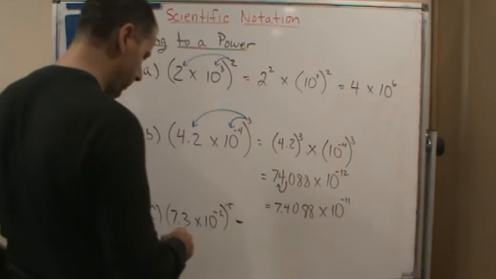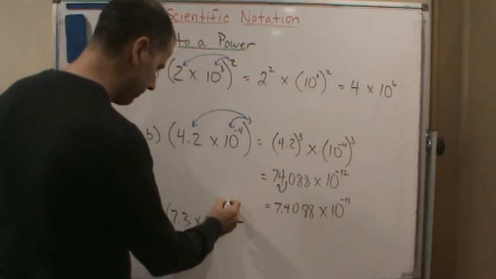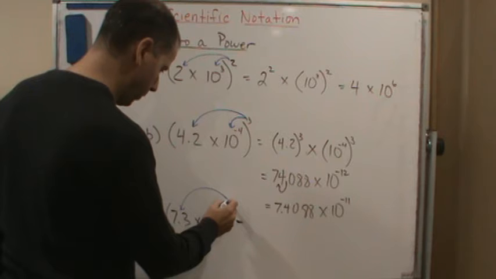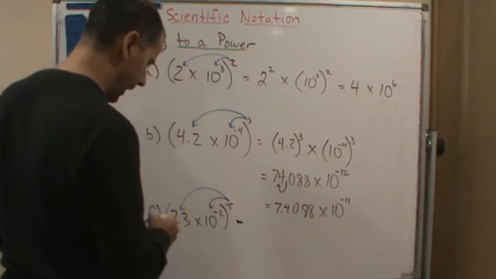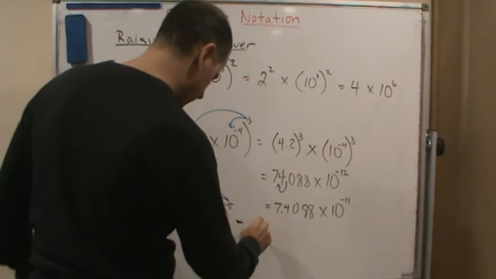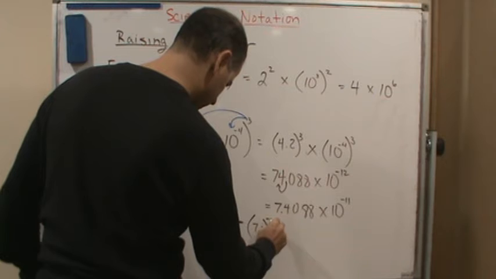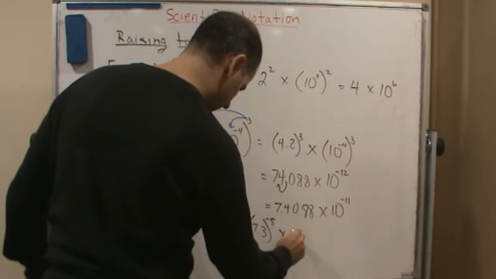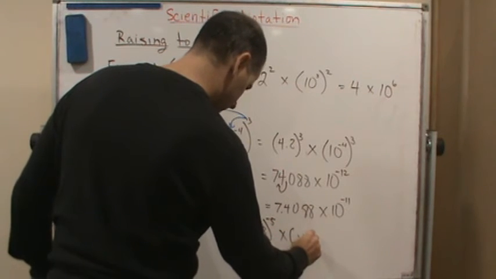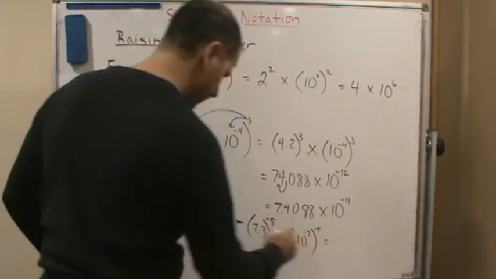So I'm going to distribute the negative 5 to both factors. And so I'm going to get 7.3 to the negative 5th power times 10 to the negative 2 raised to the negative 5th power.